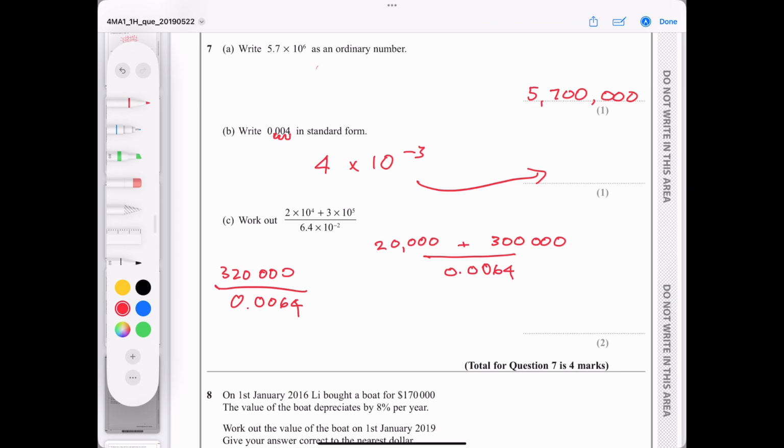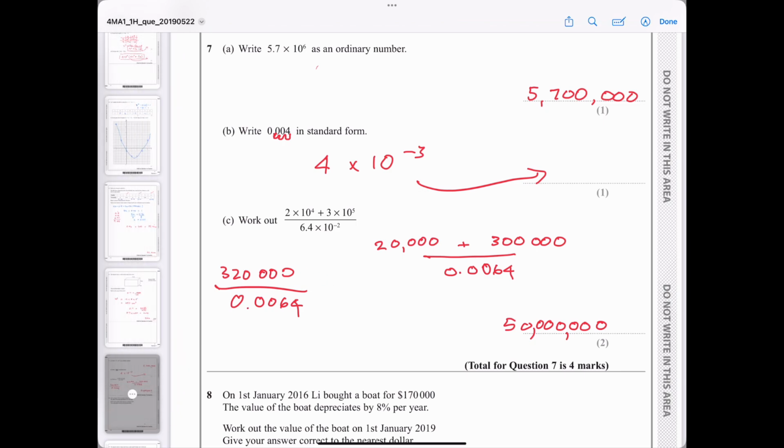Let's have a look. 320,000 divided by 0.0064 equals... Right, I'm just going to count the number of zeros. 1, 2, 3, 4, 5, 6, 7. There you go, 50 million. Which makes sense because there's 2 zeros there. So you're essentially saying times that by an extra 100.